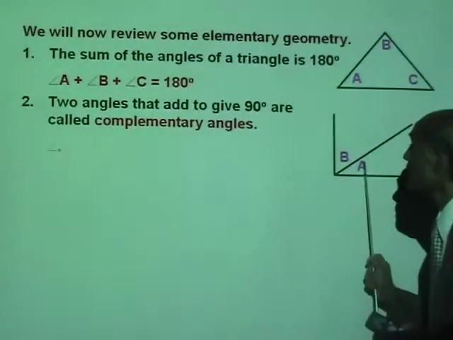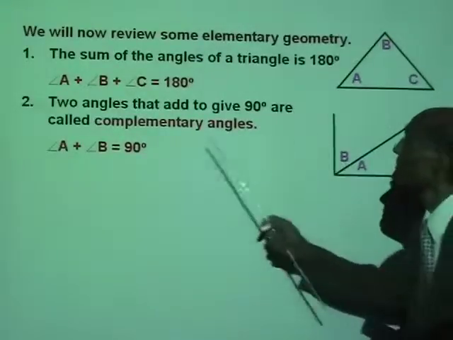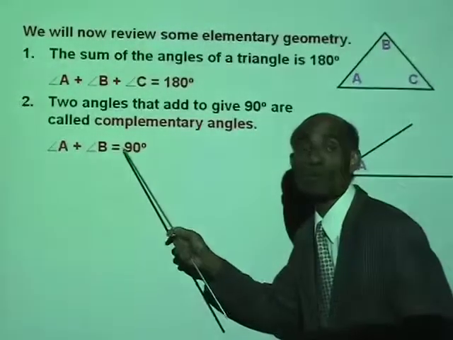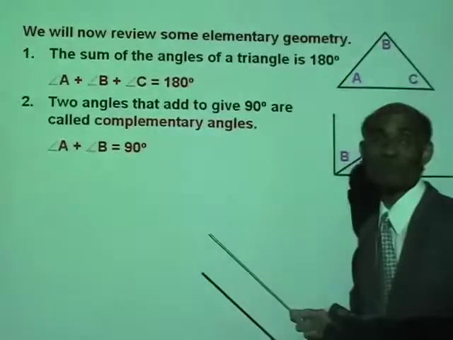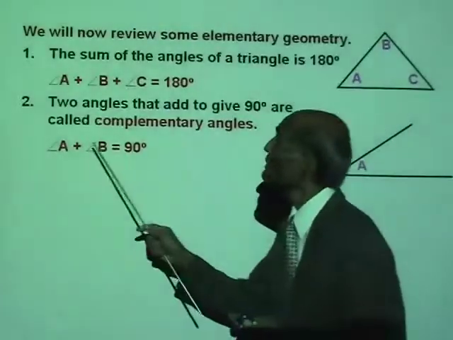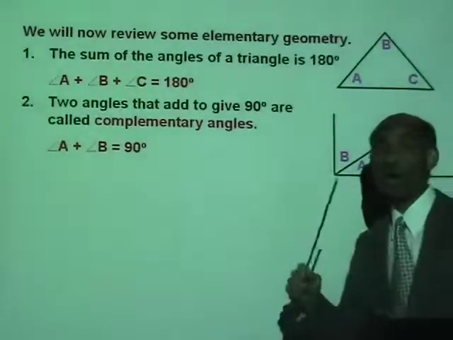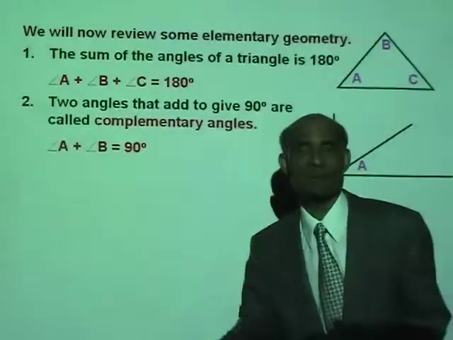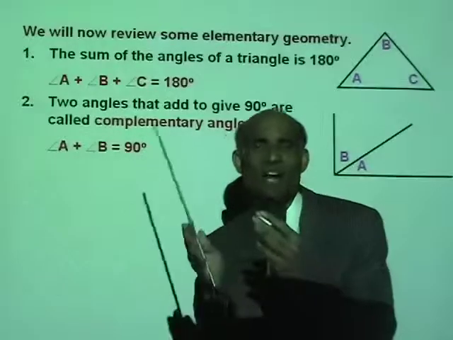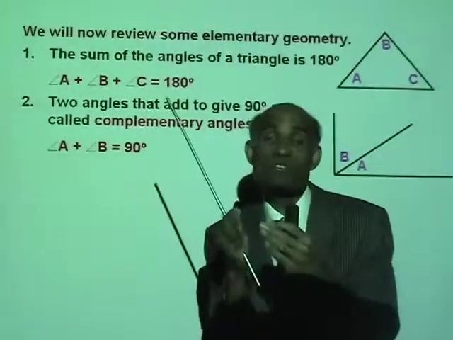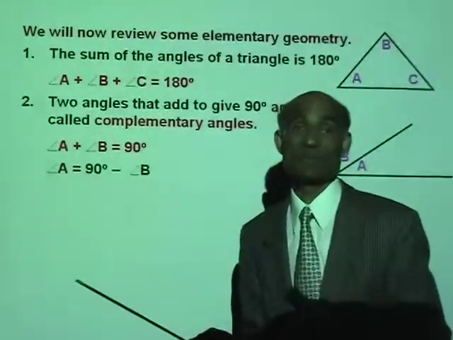The measure of angle A added to the measure of angle B will be 90 degrees. And therefore, angles A and B are called complementary angles. They complement each other. When they are added together, you get 90 degrees.